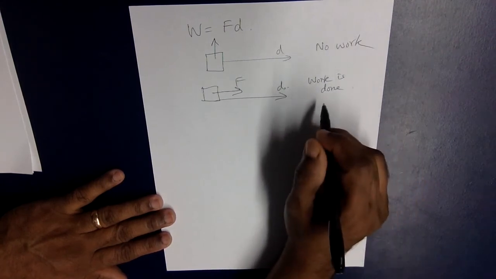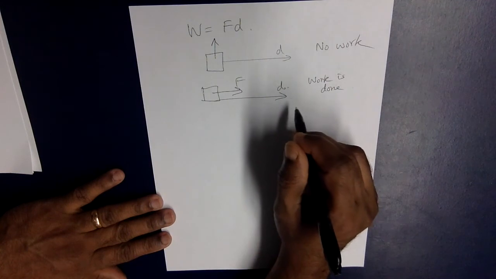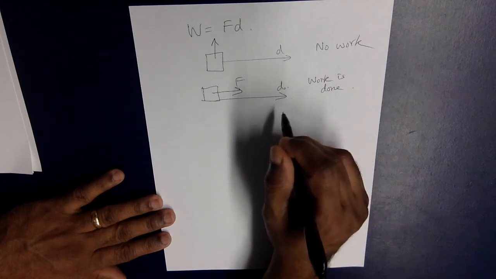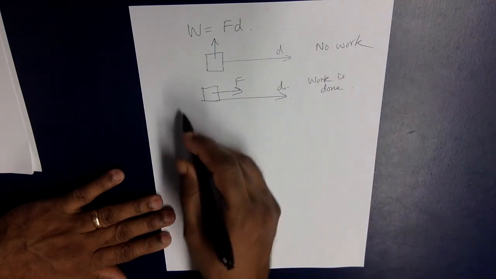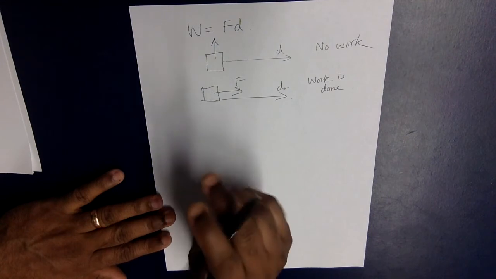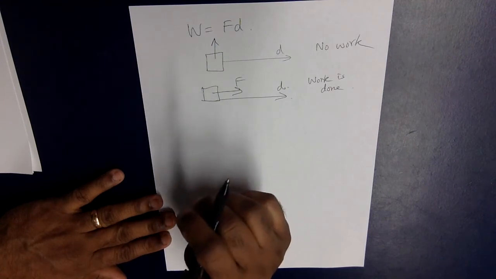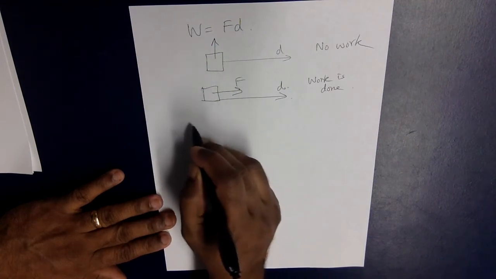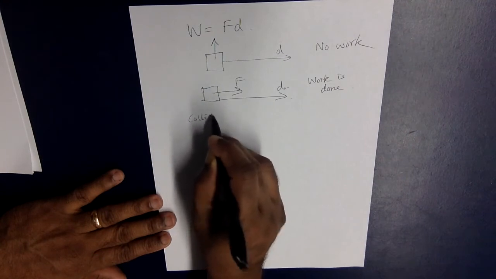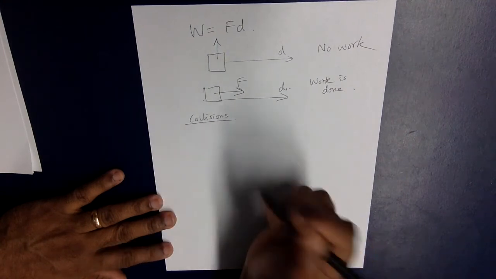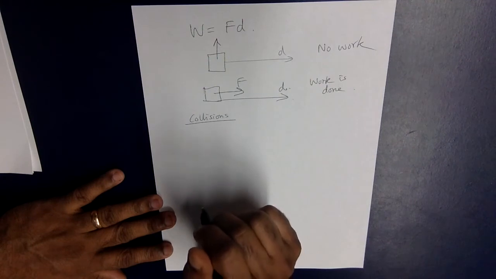Okay, so that concept should be known. And then the concept that you need to know for the test is about collisions. What is conserved in collisions?